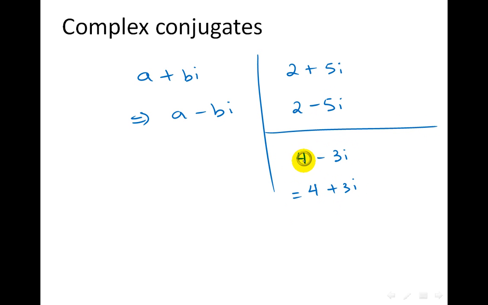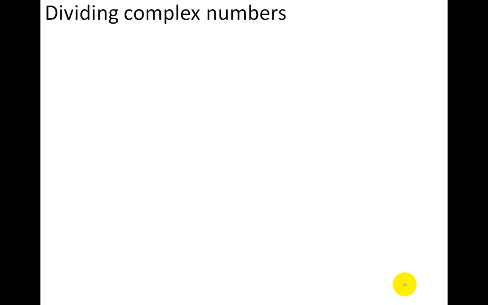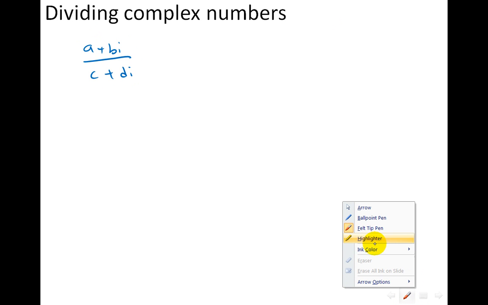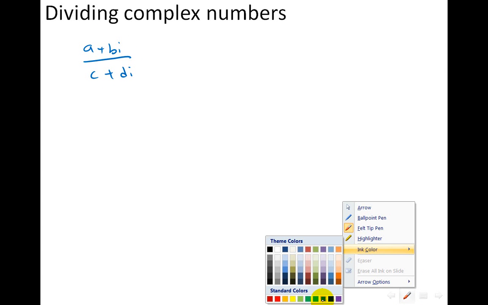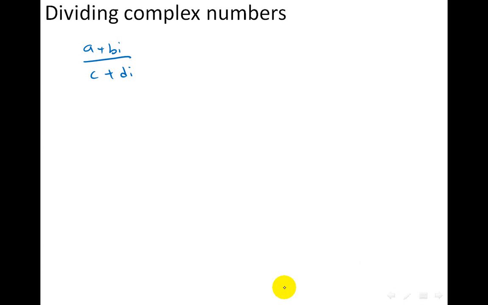So here, as I told you, the real part will be as it is, but the imaginary part's sign will be changed. Now let's see how to divide complex numbers. Okay, if you want to divide a plus bi divided by c plus di, first thing you have to find the conjugate of the denominator.